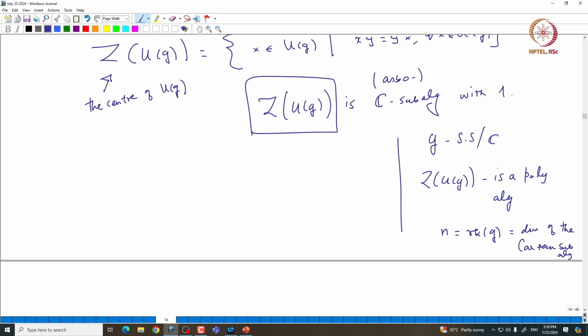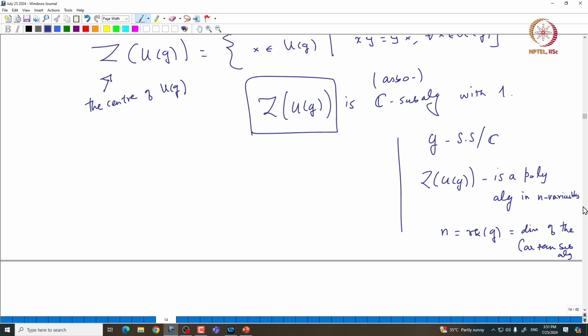So, it is not something very small for a semi-simple algebra. But that actually requires central character theory to prove such a statement. It is actually a very non-trivial statement.